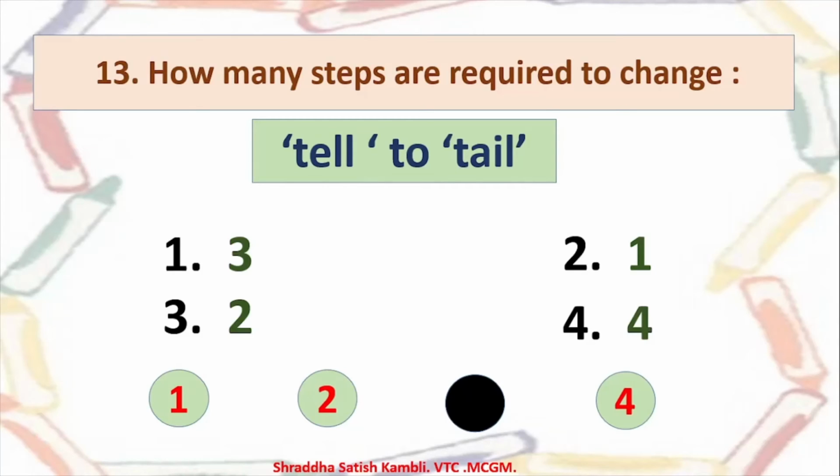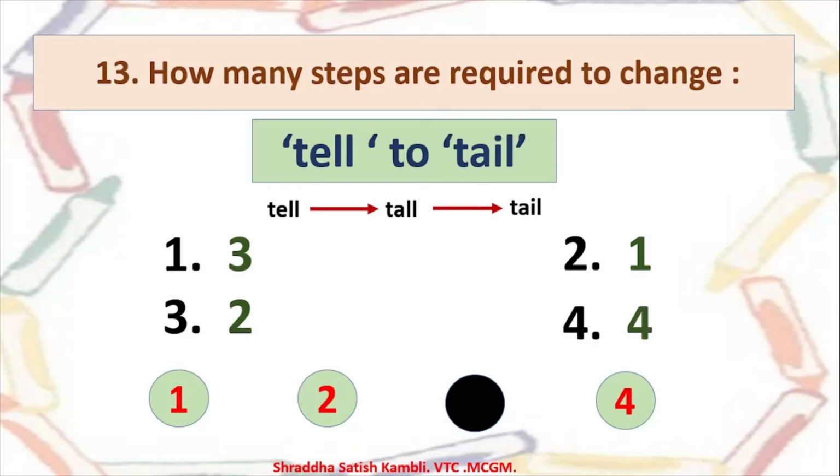Why? Because you look at the words, the letters in both the words are repeated. So it is easier for you to make the new word. Let's see the sequence then. So you have T-E-L-L, tell, to T-A-L-L, tall, to T-A-I-L, tail. So that is just 2 steps.